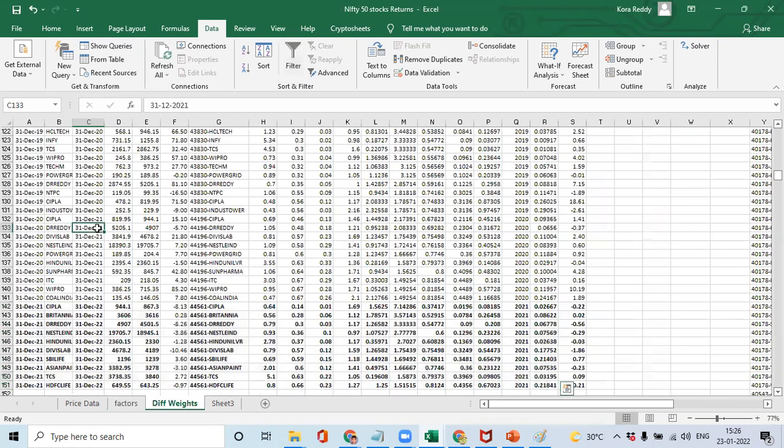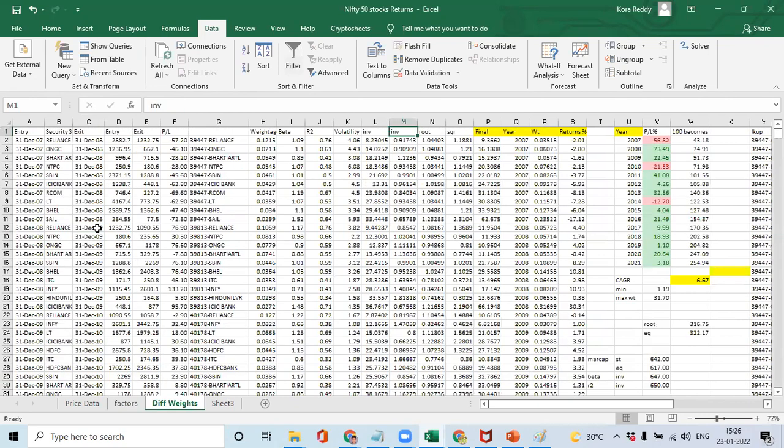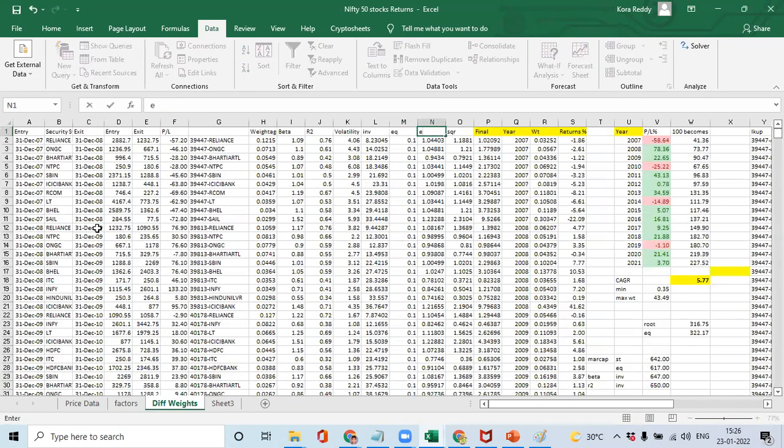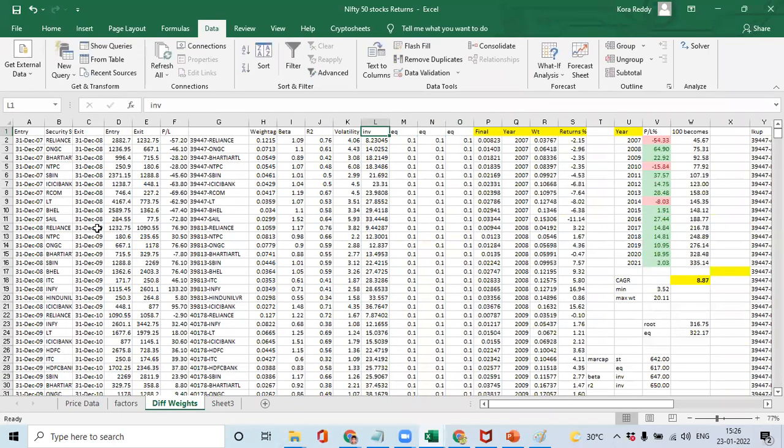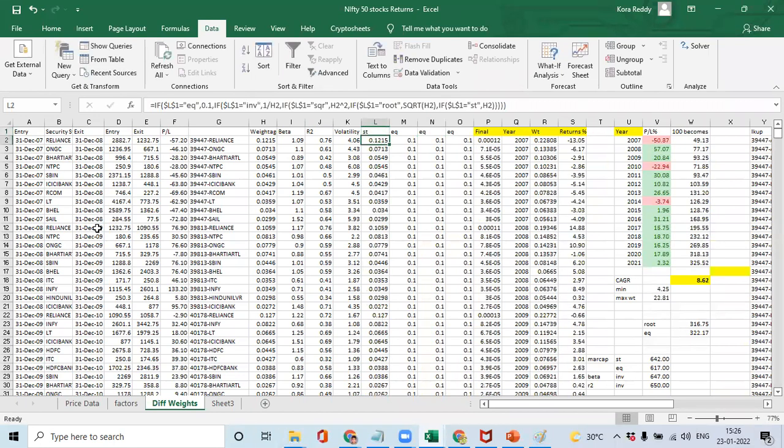Everything is equal, right? And this is the first factor, which is market cap. So straight, that is as per market cap. What is the figure? 225. 325.